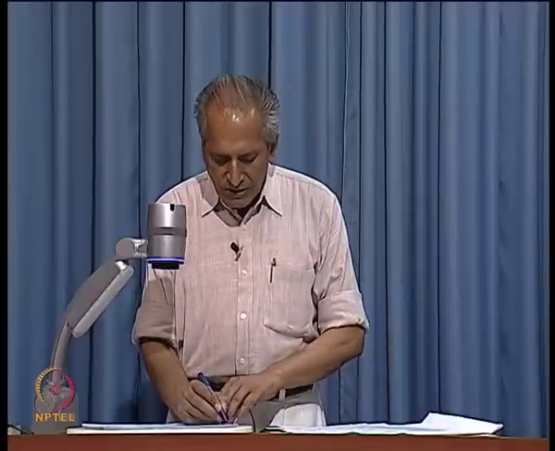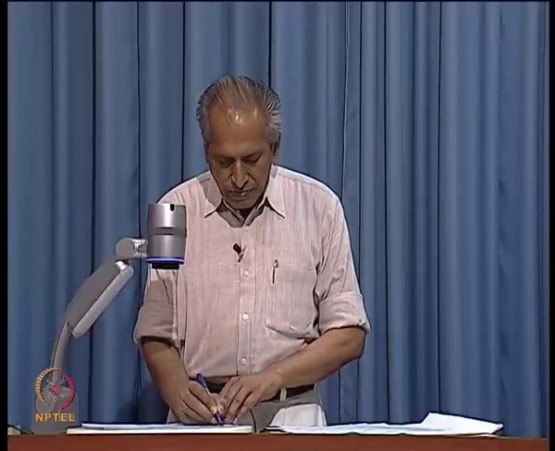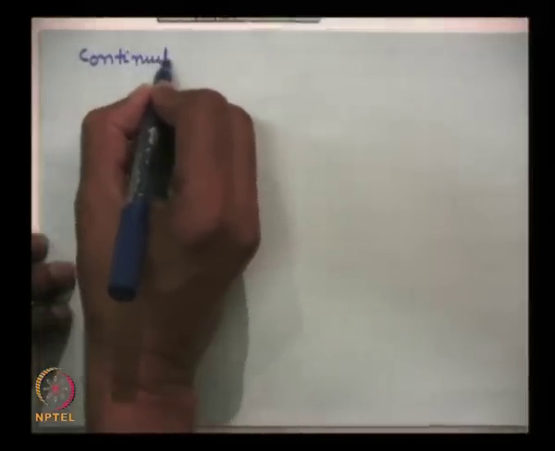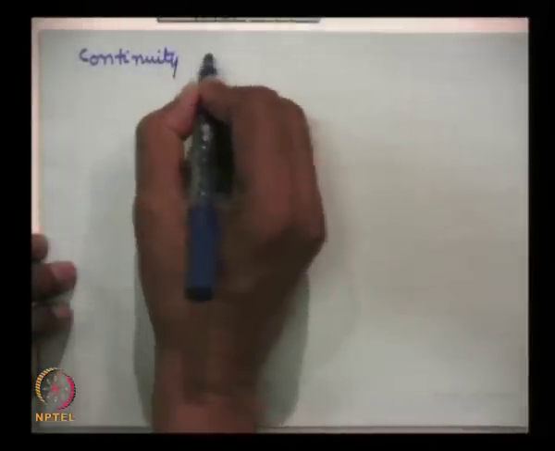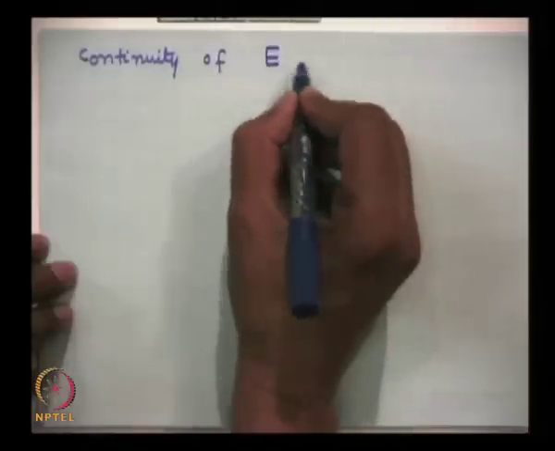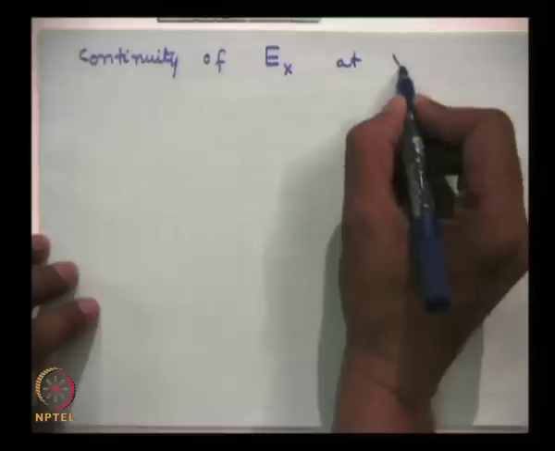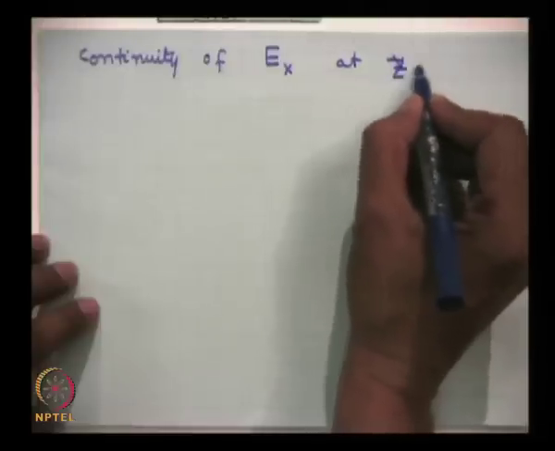The first boundary condition, continuity of E tangential, Ex, at the boundary which is z equal to 0.